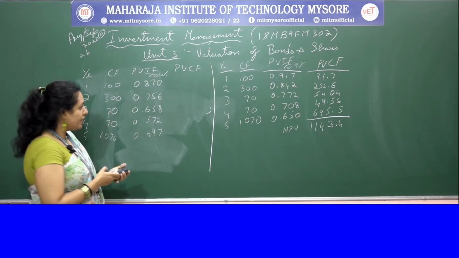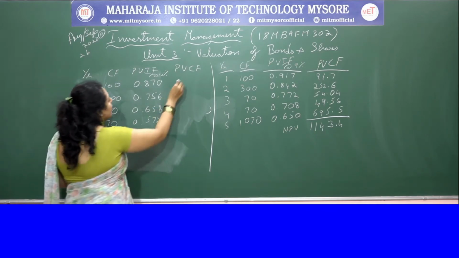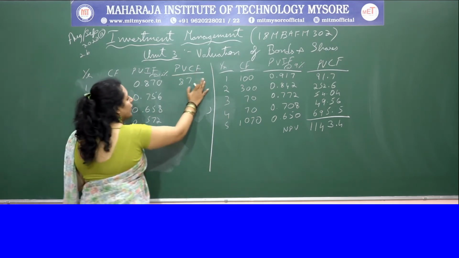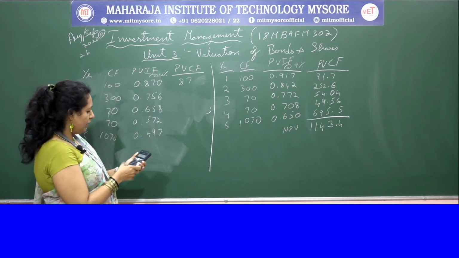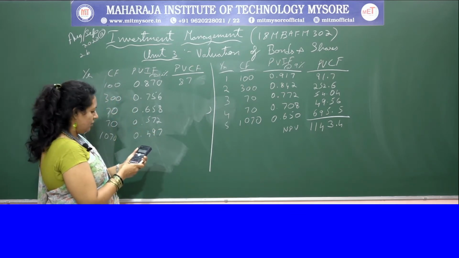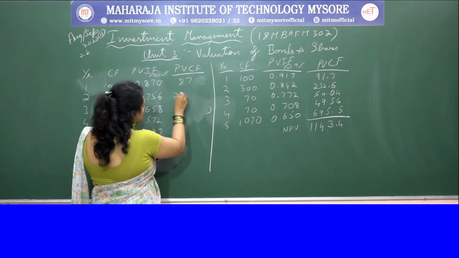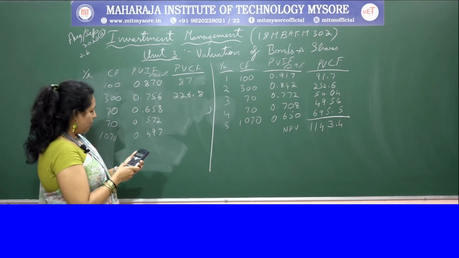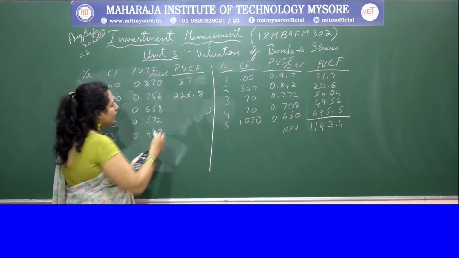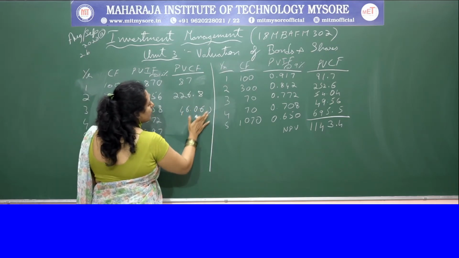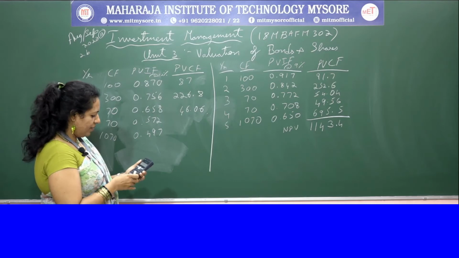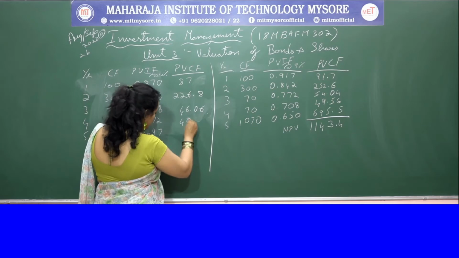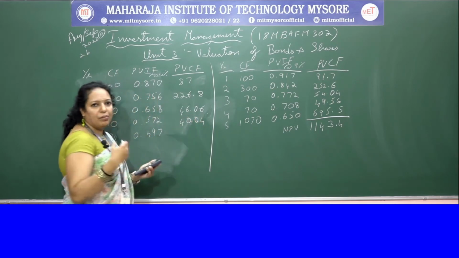Now just multiply these. 0.870, you can take 87, no need of the 0. Then 0.756 into 300, you get 226.8. Then 70 into 0.658, you get 46.06. Then 70 into 0.572, you get 40.04.